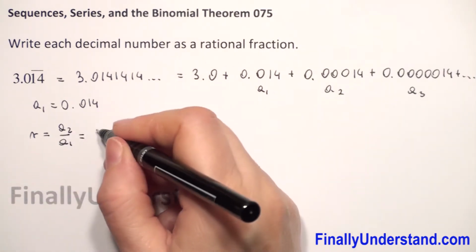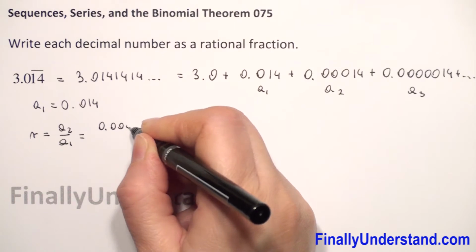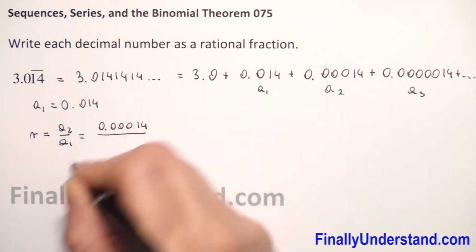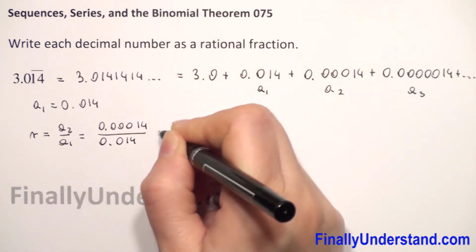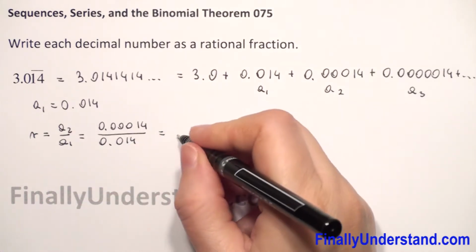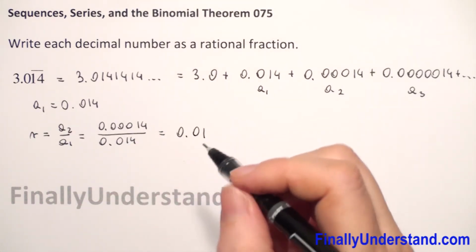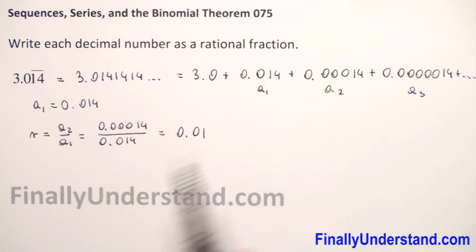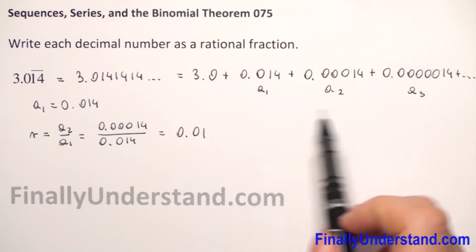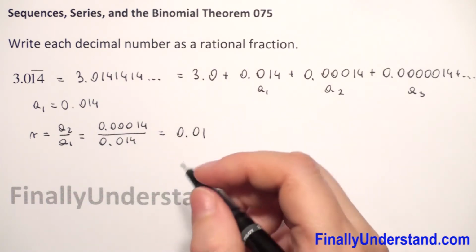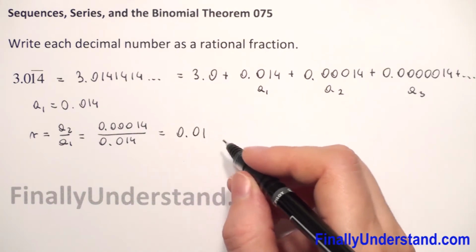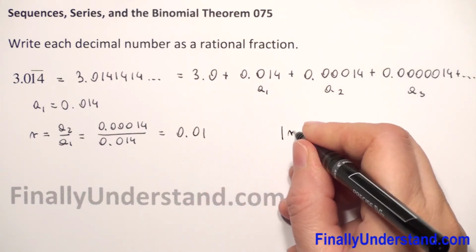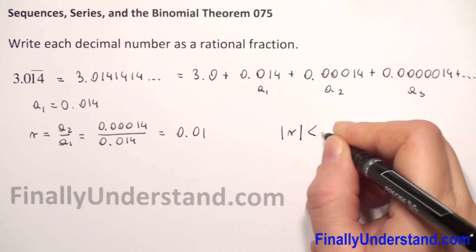So for example, if we take a2 and a1, we will have 0.0014 over 0.014. So this is equal to 0.01. If you take a3 and a2, you will have the same constant number. Because we have an infinite geometric progression, the absolute value of r is less than 1.